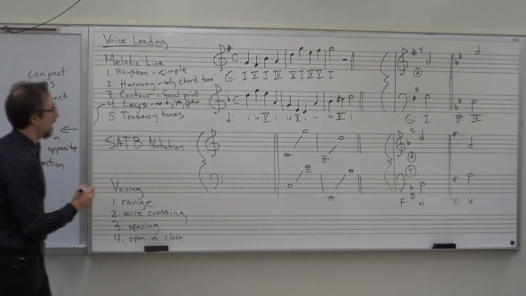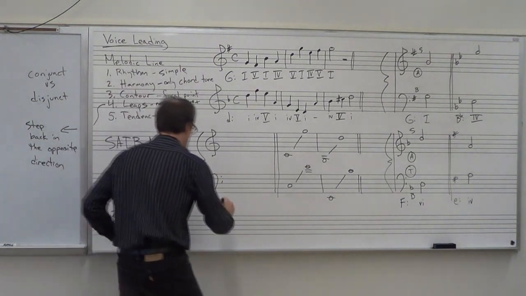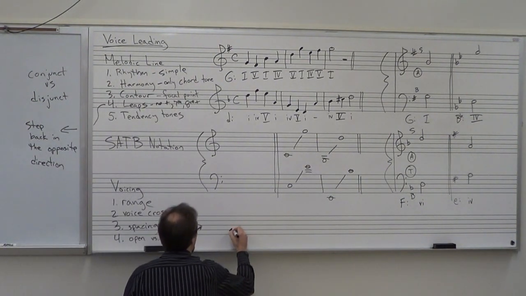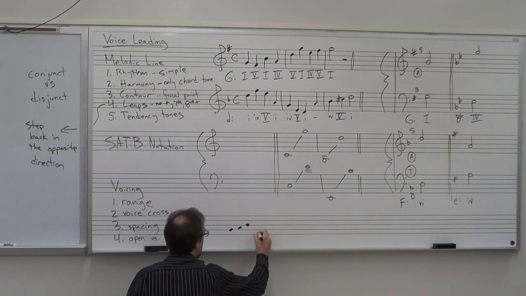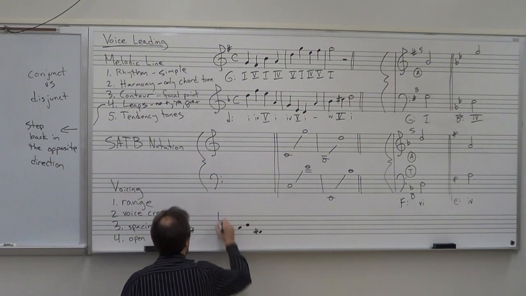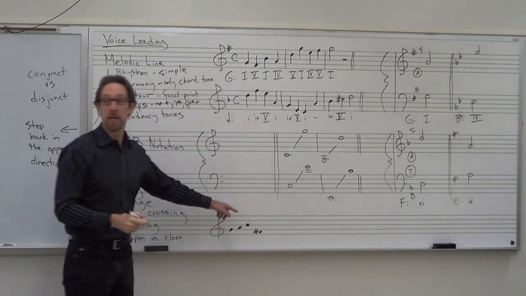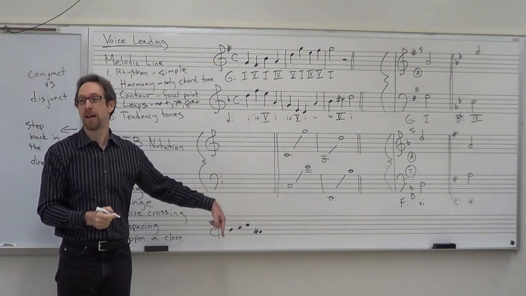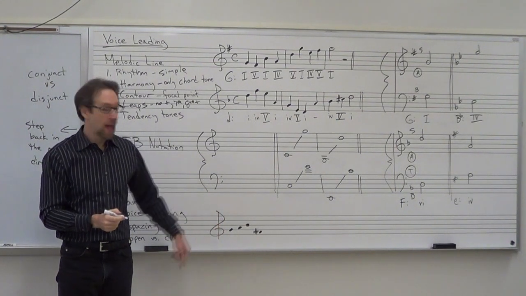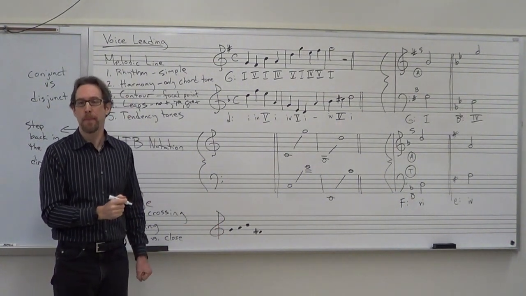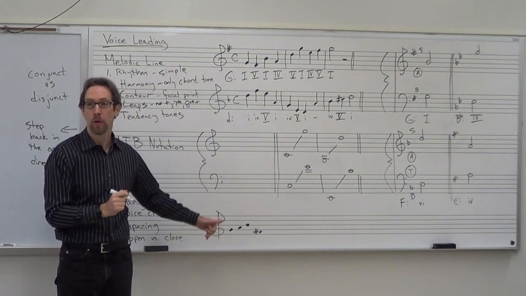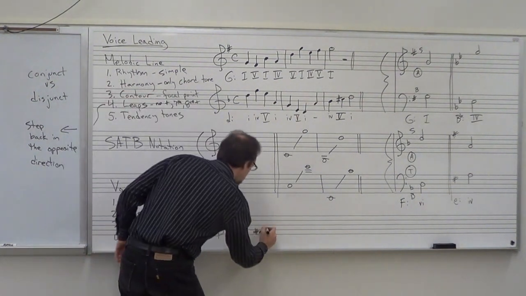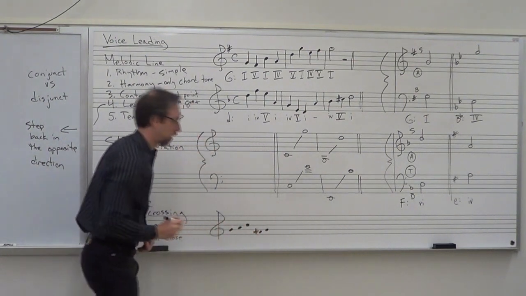As an example of that, let's say we had a melody that went up a scale, G, A, B, and then we leap down to an F sharp. After we leap, we step back in the opposite direction. So if we leap down, we step up. So this F sharp would go to a G next.